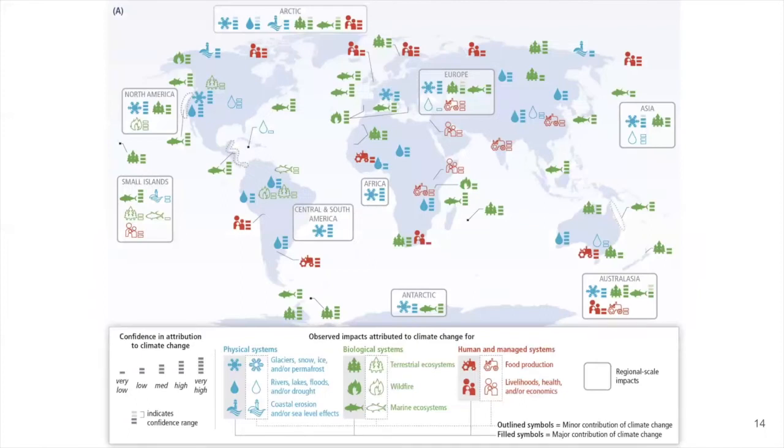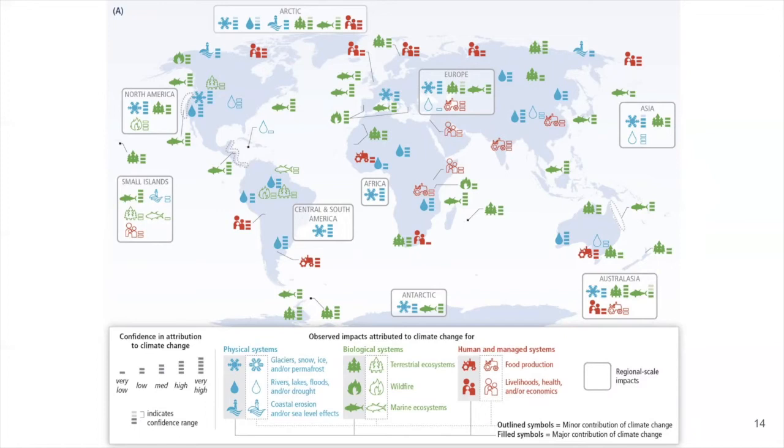And so why do we actually care about climate change? I'm going to argue that it's because it's an issue with real impact on human well-being. So this diagram, also from the IPCC, shows the impacts attributed to climate change around the globe. The blue symbols that you see are impacts to physical systems, things like glaciers melting or flooding occurring or coastal erosion.